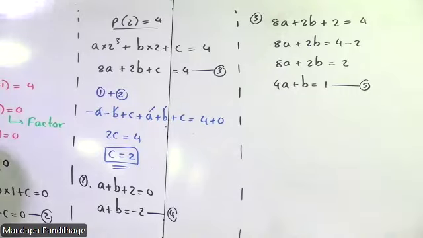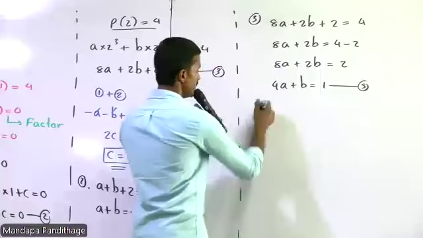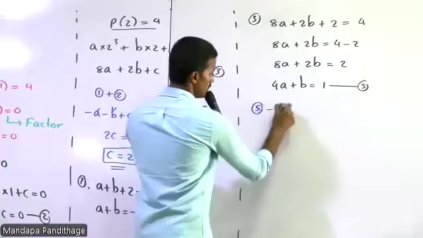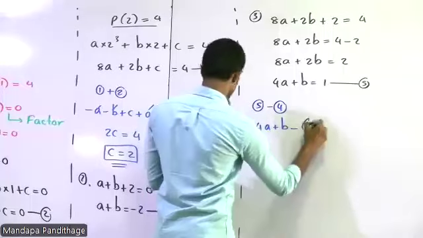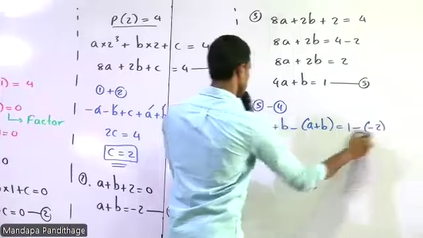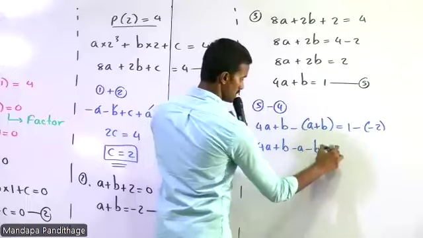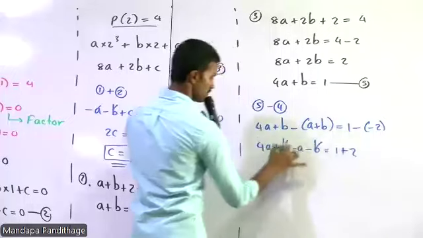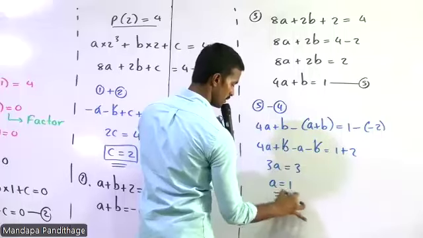Okay, subtract 5 minus 4. Which gives you 4a plus b minus a plus b is equal to 1 minus minus 2. This is equal to 1 plus 2. b cancels off. 3a is equal to 3, so a is equal to 1.